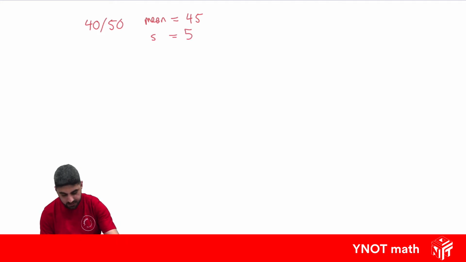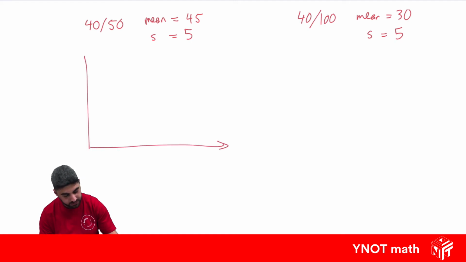And another test where you received 40 out of 100, the mean was 30, and the standard deviation was also 5. Let's see if we can do a bit of a diagram to represent this. So let's draw a normal distribution for each one.